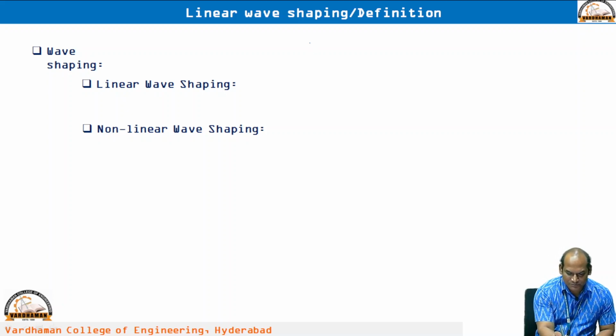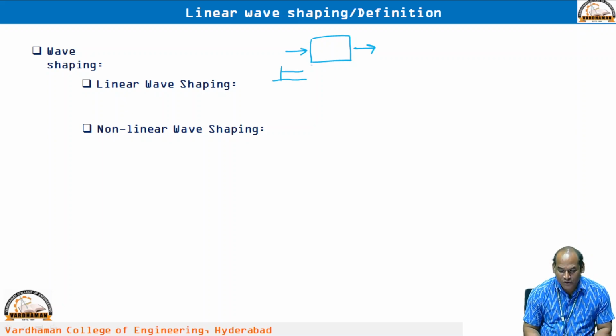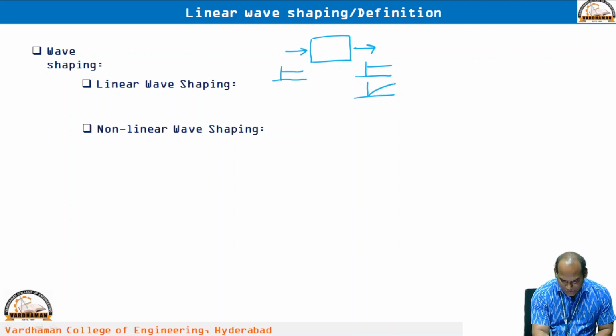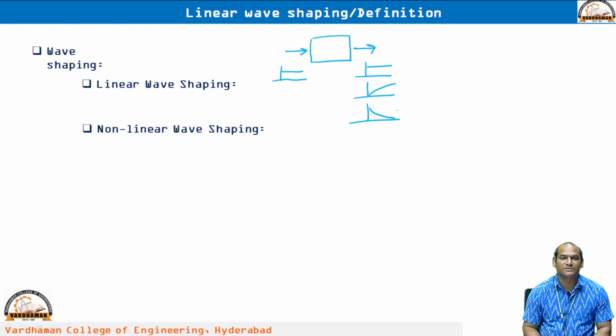For example, I am taking one system, this is one system. Here you have given an input signal, like a step signal. If you get the output also as a step signal, or in some other case you may get an exponentially increasing signal, or an exponentially decreasing signal.